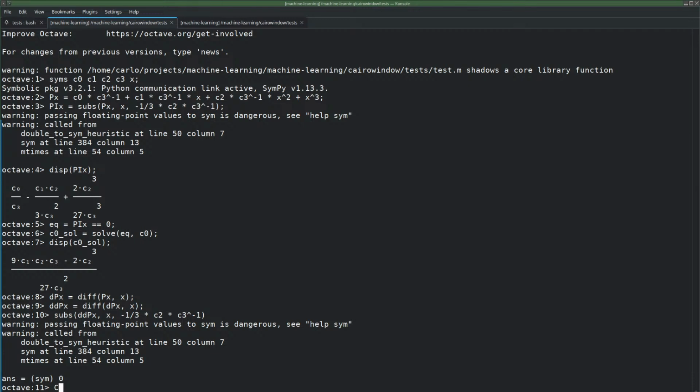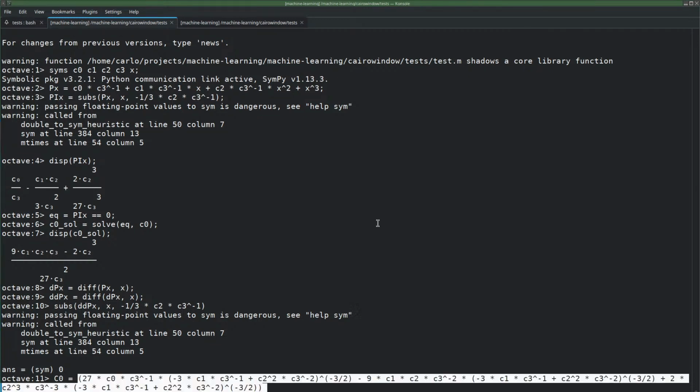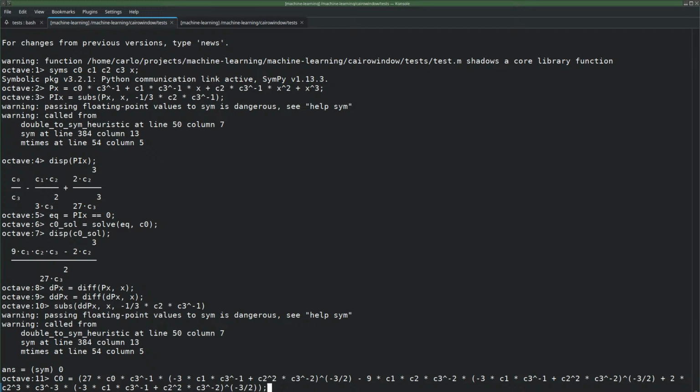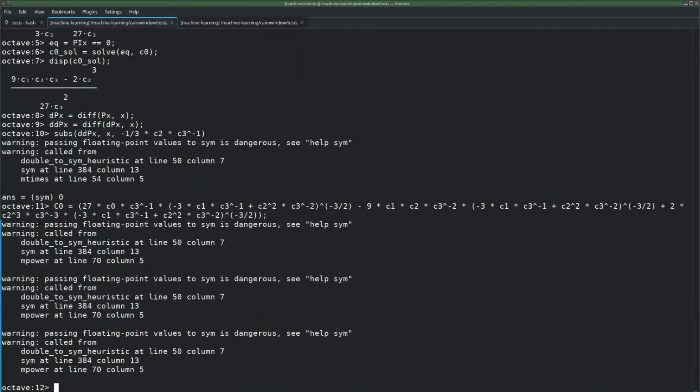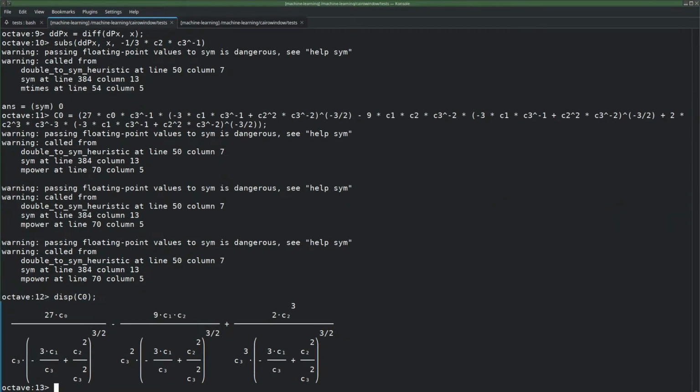So let's call it capital C0 again. And then we're going to simplify and substitute in this C0.